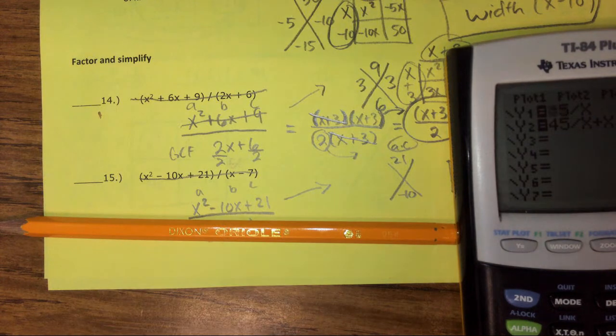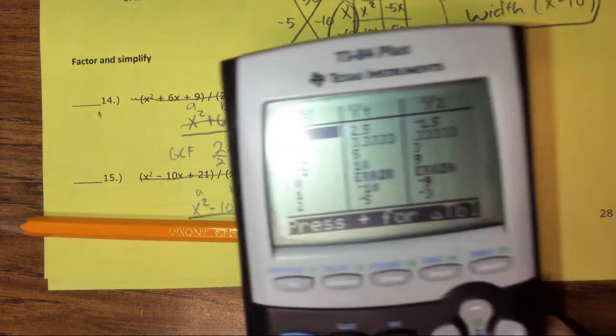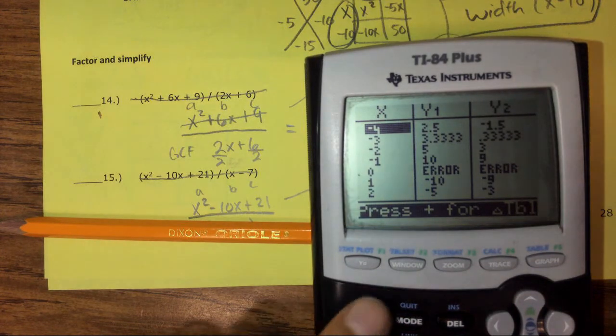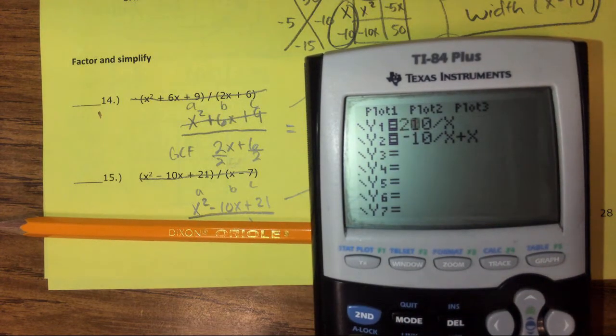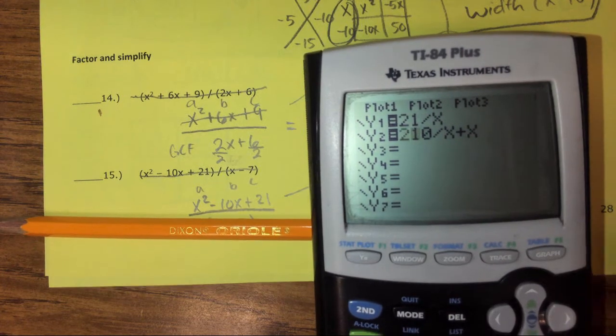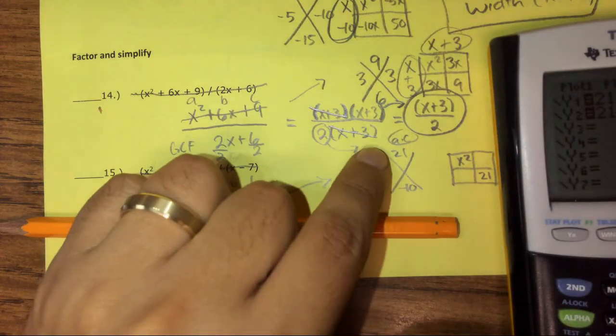We should have negative 10 divided by x... Oh, sorry, I did the wrong thing. It should be 21. Sorry, you always do the top number, even I'm messing up now.